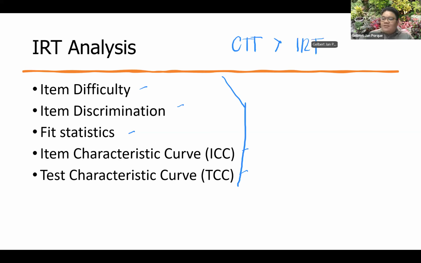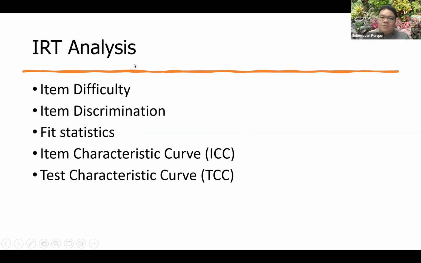But there are also instances wherein IRT is used, particularly if you want a test to become diagnostic. Usually this is used among diagnostic tests. So when I say diagnostic test, if I want to confirm if a learner has a learning problem or learning difficulty, the items administered to that student will be subjected to IRT analysis.